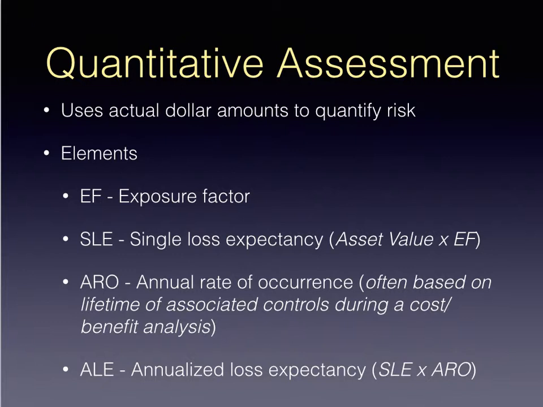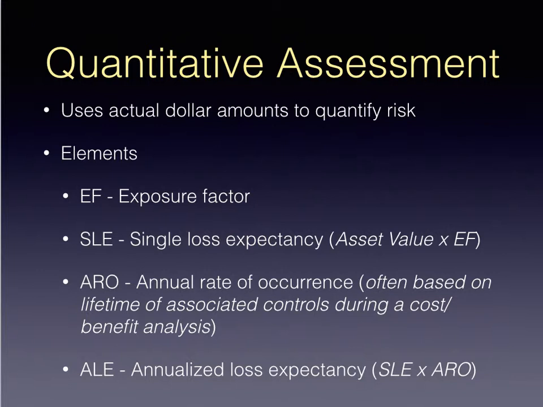The first thing that we determine after we identify the system that we want to assess is the exposure factor. If a specific threat hits that system, how much value, how much business impact would there be?